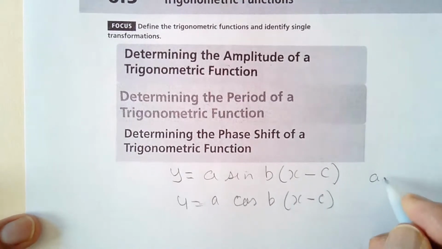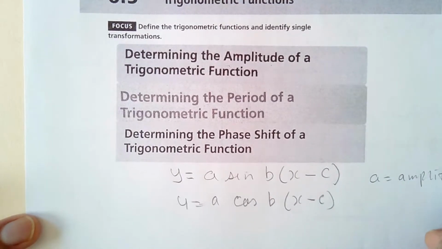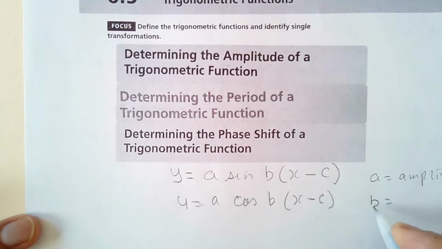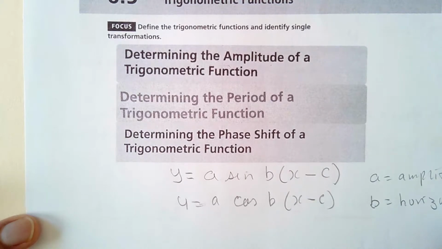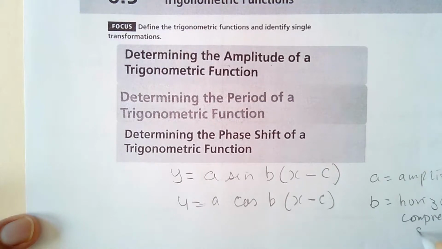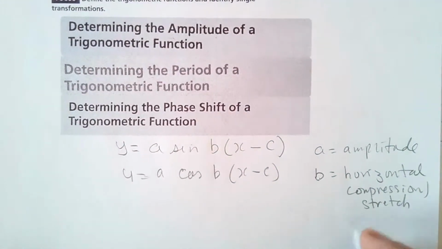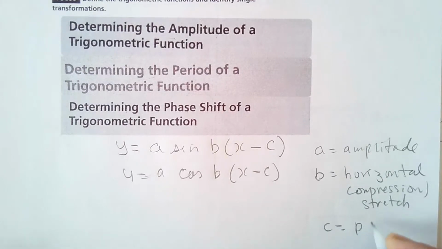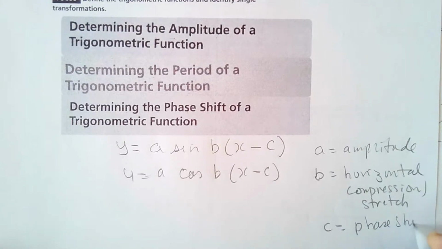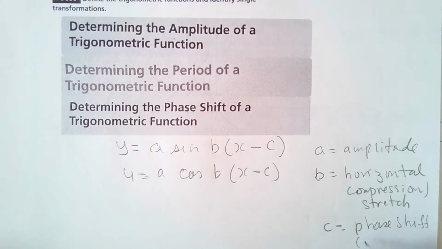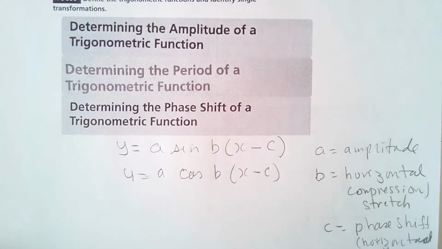We said that a is the amplitude, b is the horizontal compression or stretch, and c is the phase shift, or horizontal translation.